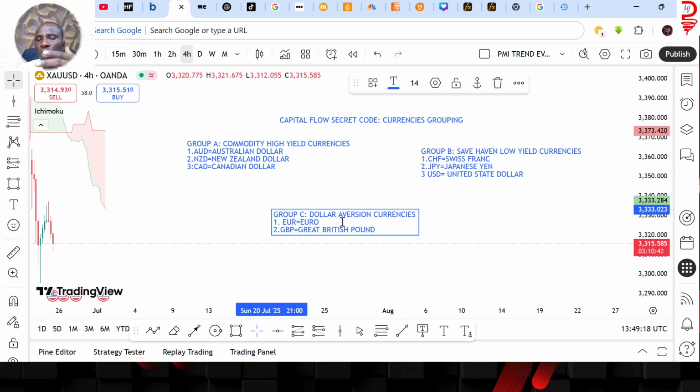If you want to trade within a group, you can still trade within the group of safe haven low yield currencies. But for group A and group B, if you can avoid it, you can avoid trading within the group. What do I mean by trading within the group? For instance, for group A now, suppose you want to trade, you now pick AUD CAD or AUD NZD.